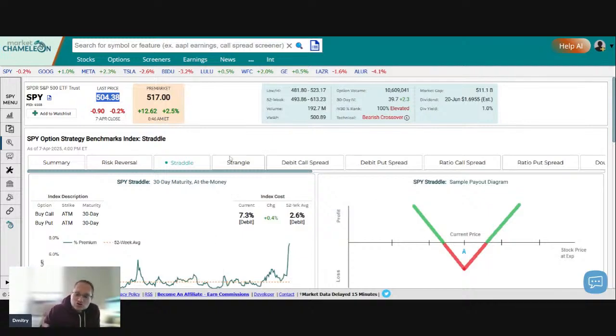But you could see here that to break even, it has to move 7.3% either direction. Okay, so you're risking more, but here you have a little bit less to your break even, 7.3% versus whatever we said before, 8.4.